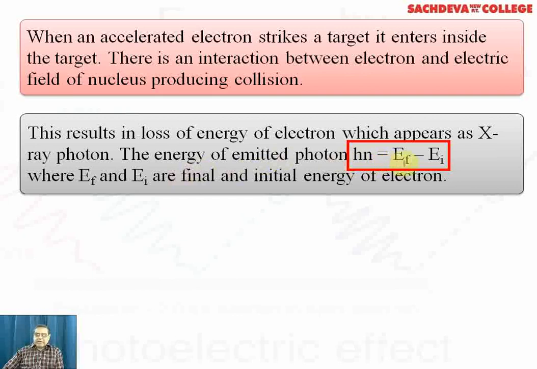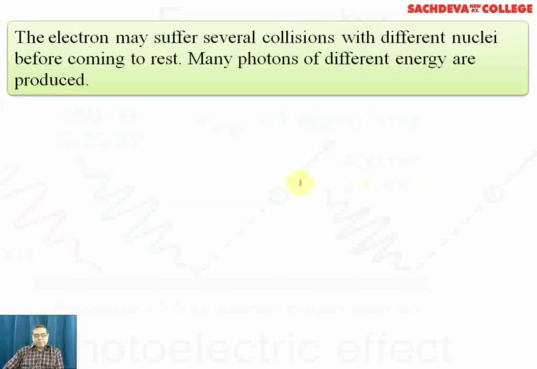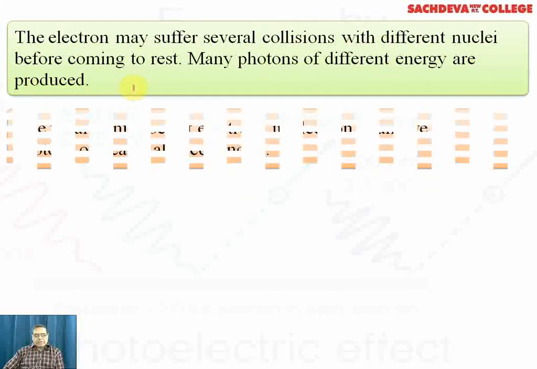EF is the final energy and EI is the initial energy of the electron. The electron may suffer several collisions with different nuclei before coming to rest. Many photons of different energy are produced.